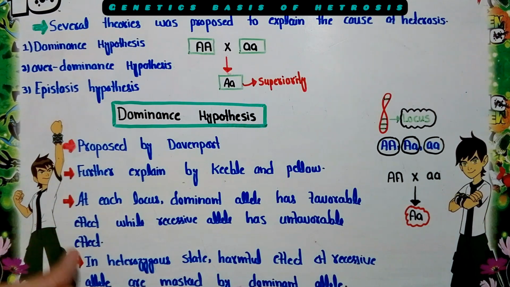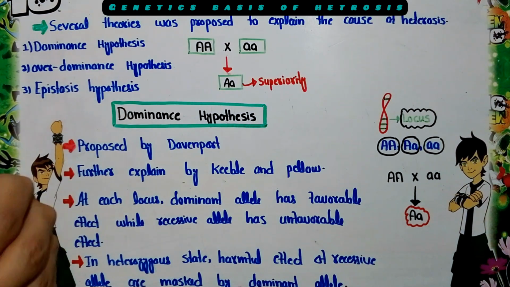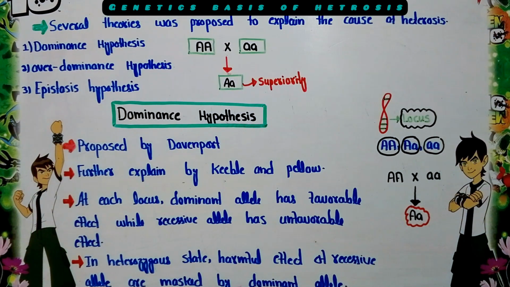When we cross the parents, we get the heterozygote, and the main reason is heterozygosity. When there is more heterozygosity, there will be more heterosis.